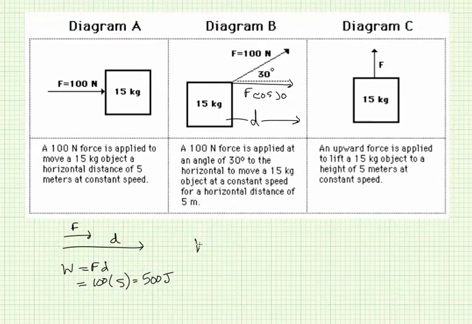So when I do my calculation, it's simply F times D times the cosine of my angle. We have our force, which is still 100 newtons. The distance is still 5, but I only want that component of the force that's parallel with the displacement. That's going to give me a work of 433 joules.